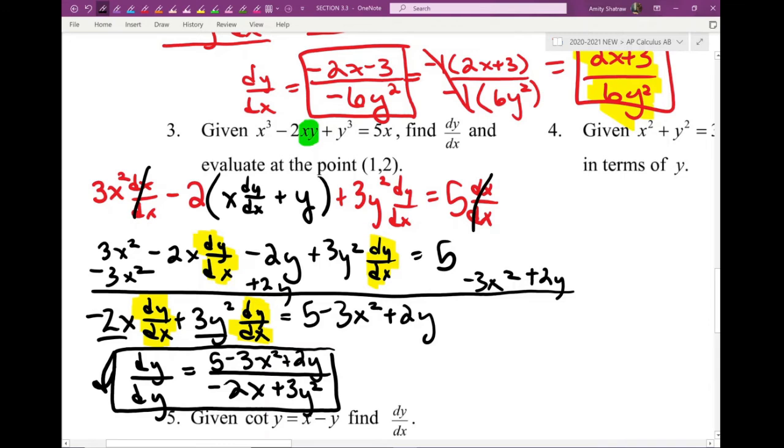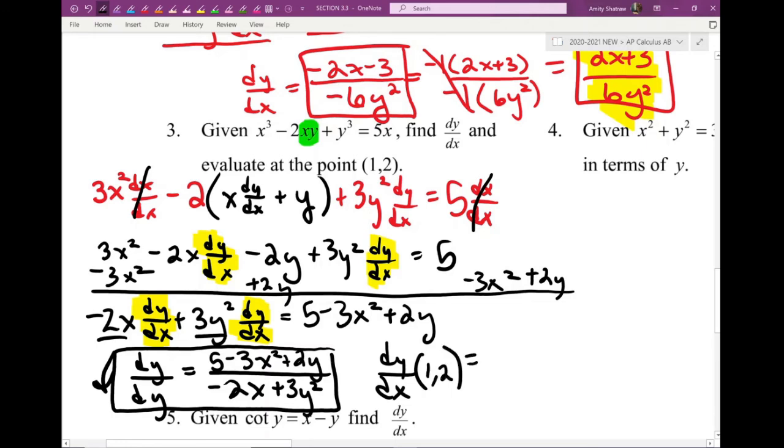How do I find it at the point 1, 2? Well, again, you notice that he gave us the y. So that was really kind of him, because there's probably 2 places, or at least 2 places, where y equals something when x equals 1. So in this case, then, I can say my dy dx is going to have a 1 and a 2 thrown into it.